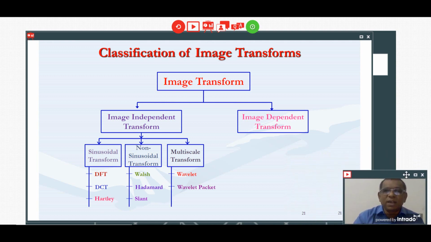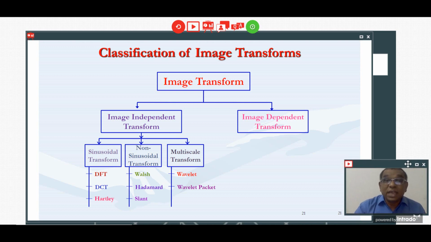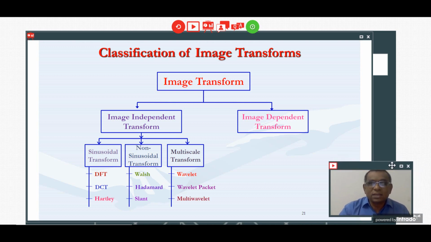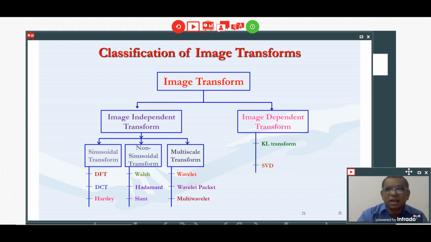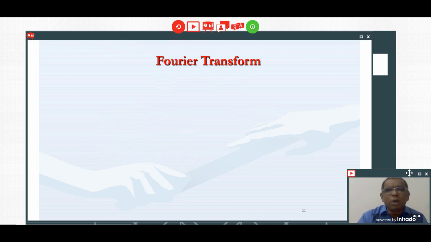Multi-scale transforms, we have wavelets and variants of wavelets like wavelet packet, multi-wavelet, dual tree complex wavelet transform, contourlet, etc. If the transform basis function depends on the statistics of the input data, then it is an image dependent transform. Examples are the KL transform and singular value decomposition. These are the broad classifications of image transforms.